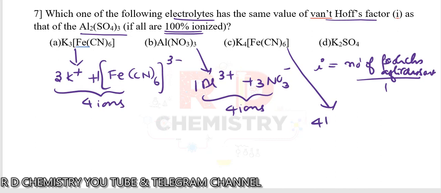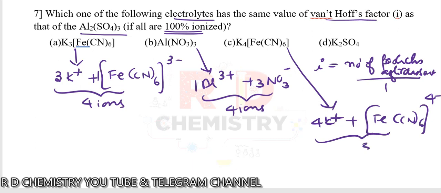This one, 4 potassium plus Fe(CN)6, total charge: positive charges are 4, so negative charges will be 4. So altogether 5 ions are present. Then potassium sulfate will give 2 potassium plus sulfate SO4 2 minus. So the total number of ions is 3 here.